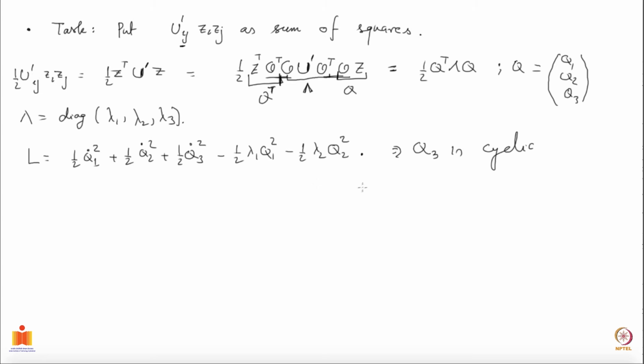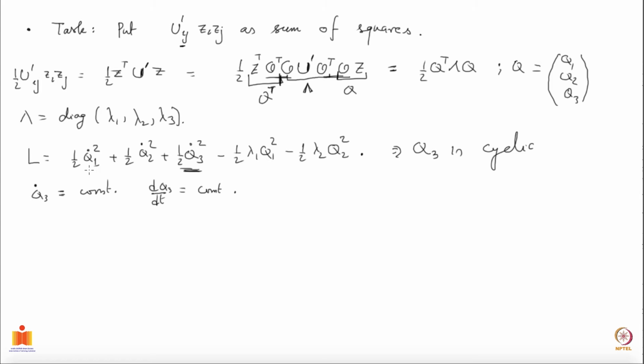Which also means that q3 dot, the momentum corresponding to q3, is a conserved quantity, so it has to be constant. That's one thing. And if you look at the Lagrangian, apart from the appearance of q3, which we will talk about later, it's trivial actually.